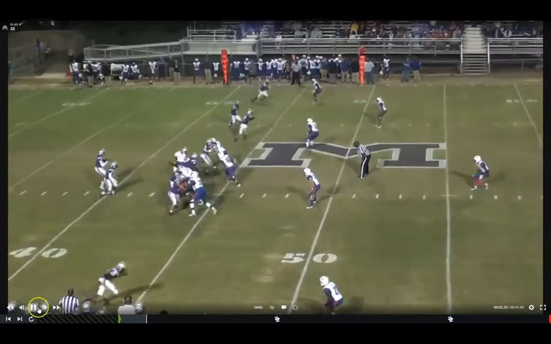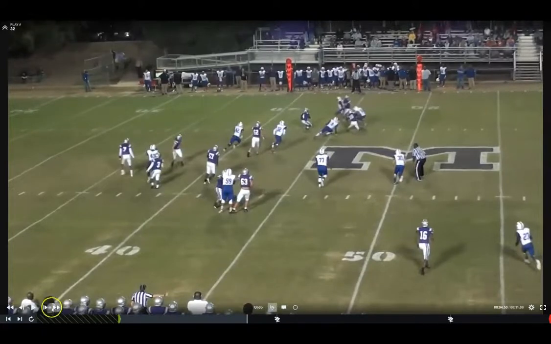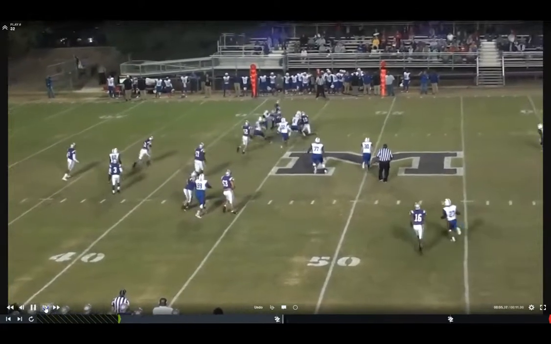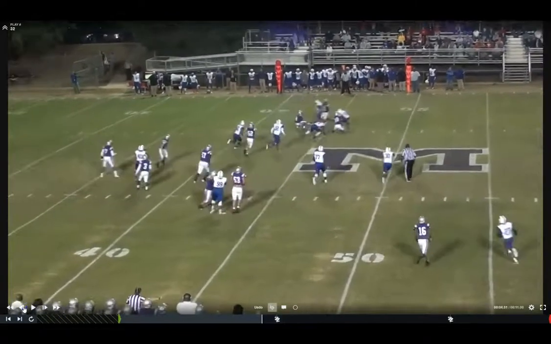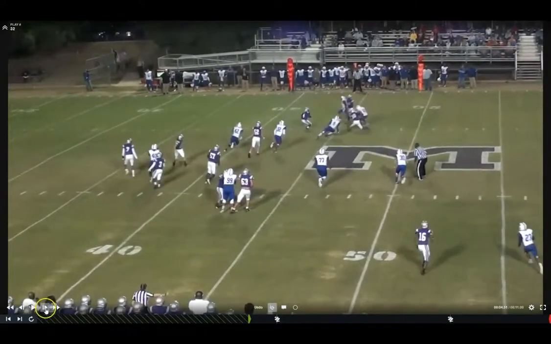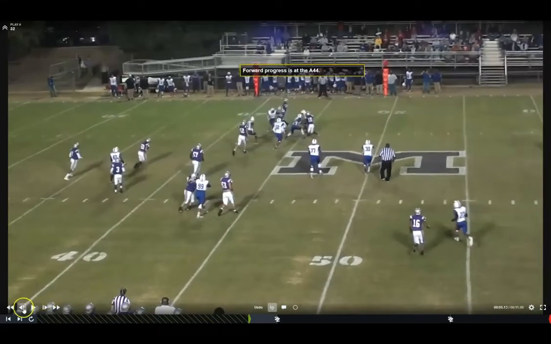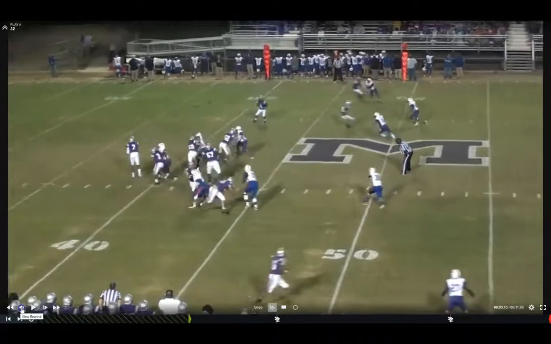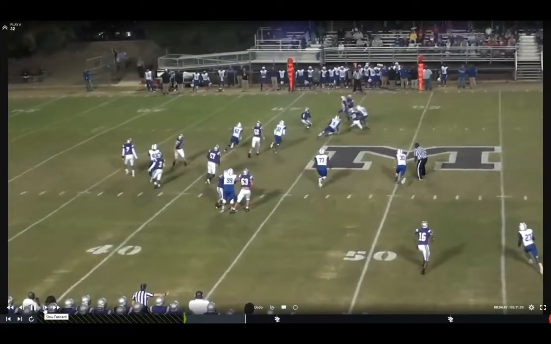All right, let's talk about forward progress here. The runner gets the ball, and let's look at where he ends up. Number 4 has the football. And let's see where his forward progress is.